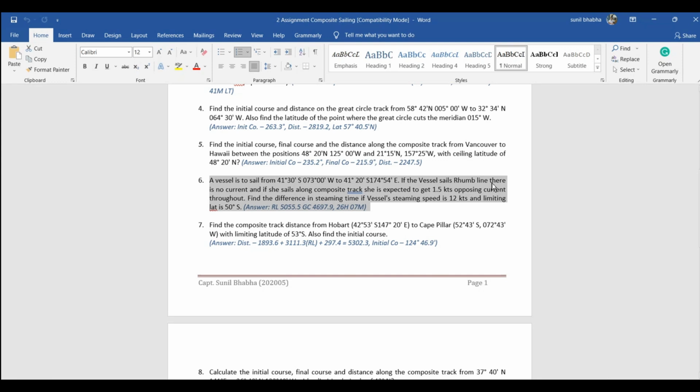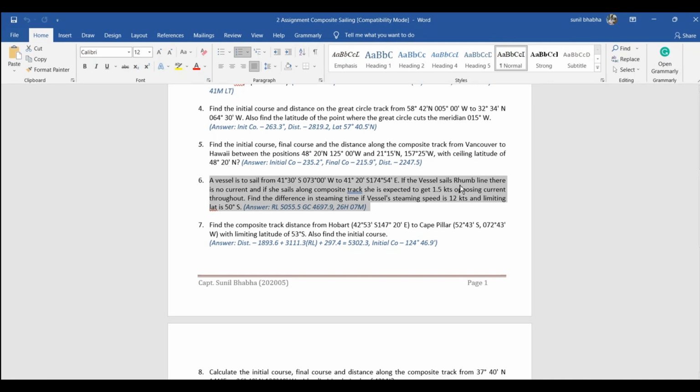Usually, if you get any rhumb line distance calculation in the GC questions or composite questions, the distances are 1000 miles plus. GC and composite is usually not a preferred mode for shorter distances because the saving in distance is not substantial. And most of the GC or composite tracks are running in thousands of miles.